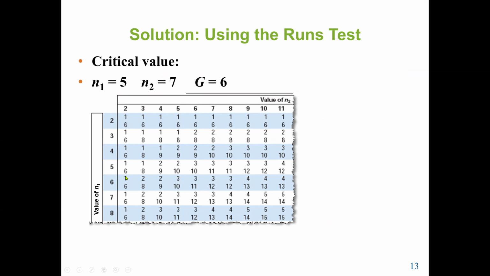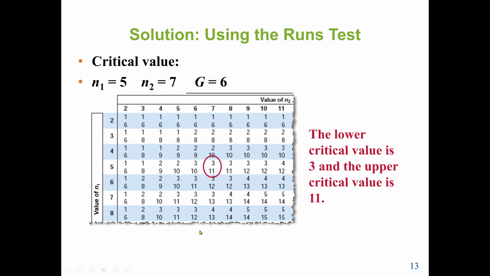So you can see that in each row, 2, 3, 4, 5, we have 2 different values. Here we have N1 is 5, N2 is 7, and G is 6. We go through the table: the lower critical value is 3, and the upper critical value is 11, because we go to N1 is 5 and N2 is 7.